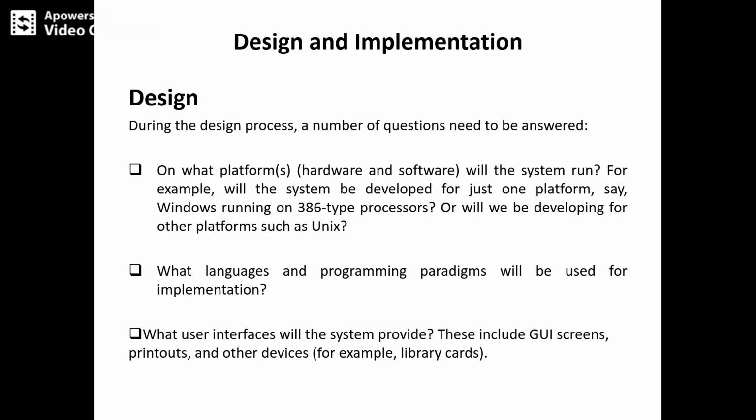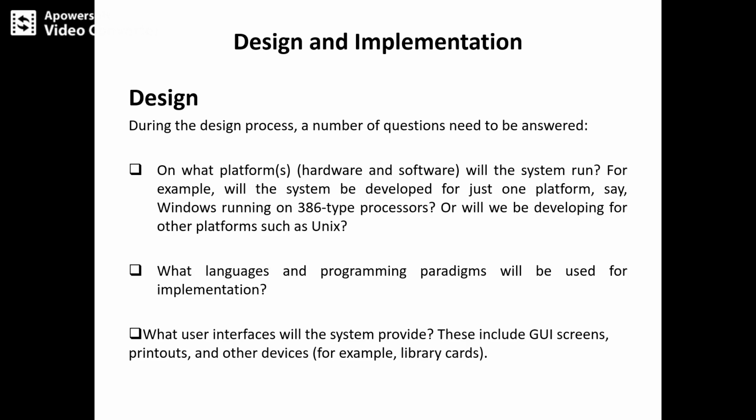For example, we may develop for just one platform, say Windows running on 386 type processors, or we may develop for other platforms such as Linux. We need to answer this very properly. So platform dependency is very important to the design purpose.